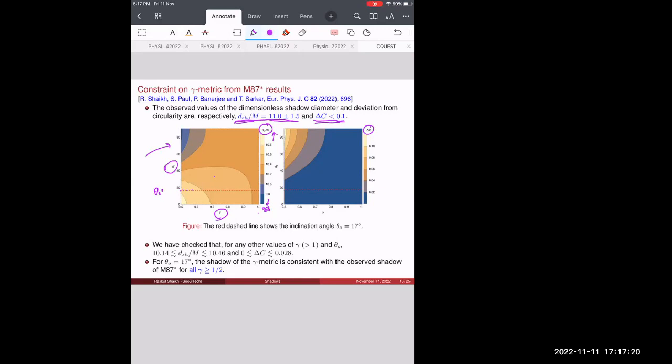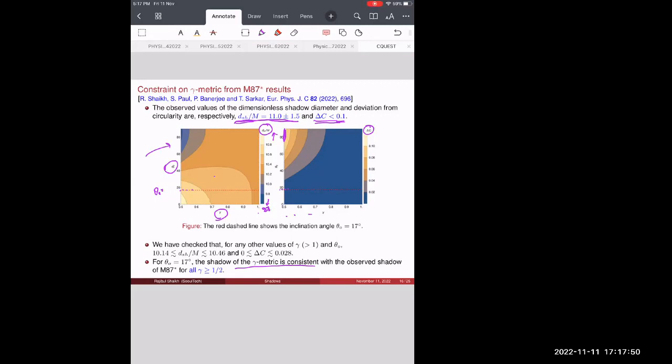In this small range the parameter range is excluded. However, if we consider the inclination angle to be 17 degrees, again all gamma values are consistent. Therefore, for 17 degree inclination, the shadow of the gamma metric is consistent with the observed shadow of M87. So in principle we cannot constrain gamma, as all values are consistent.